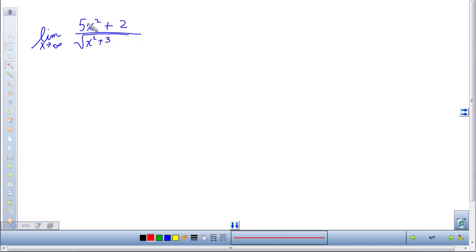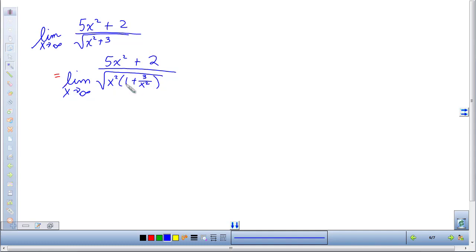So what I'm going to do is factor out the square root of x squared. So we get the limit as x approaches infinity of 5x squared plus 2 over, I can write this as x squared times 1 plus 3 over x squared, because we just factored out x squared.